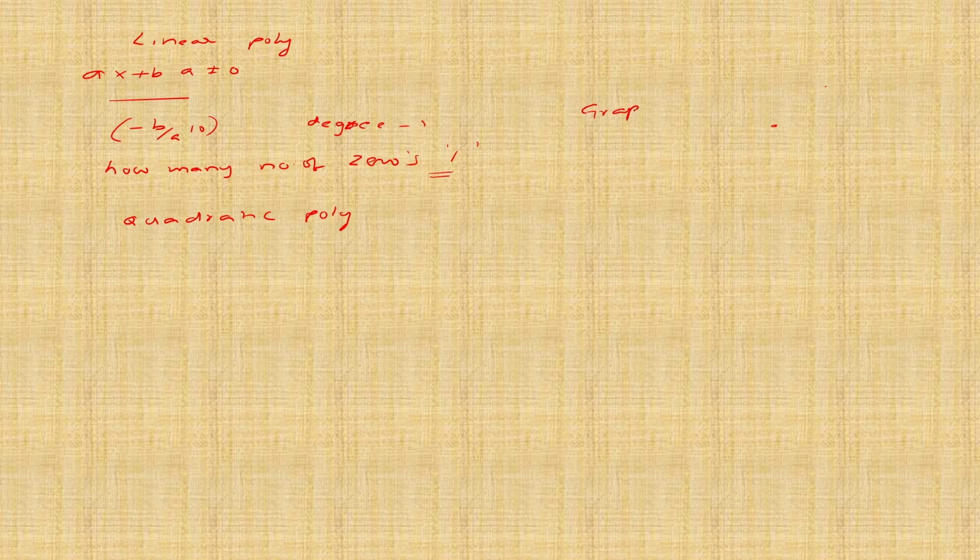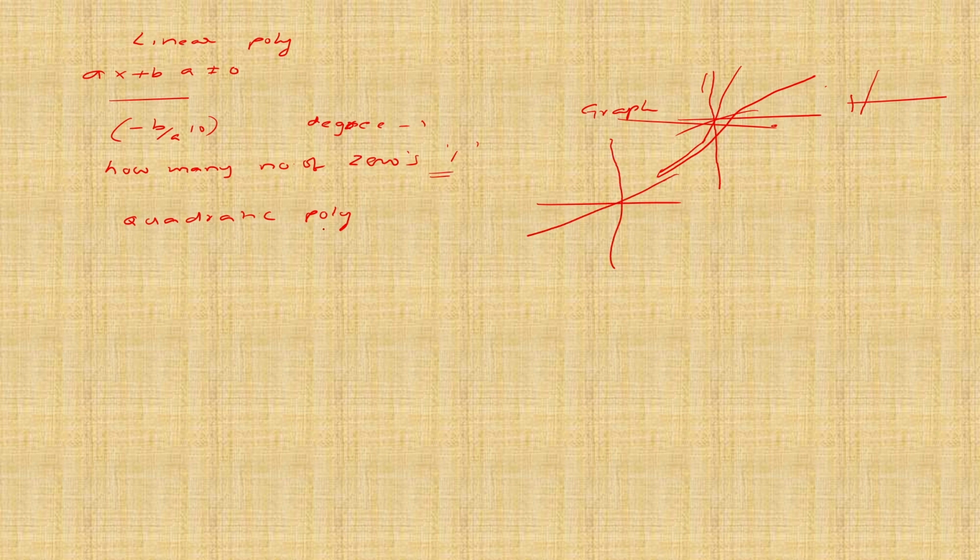The graph is a straight line like this. Okay, for a linear polynomial, the graph is a straight line.